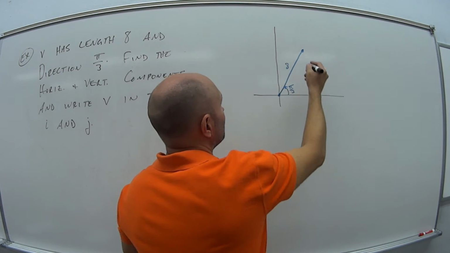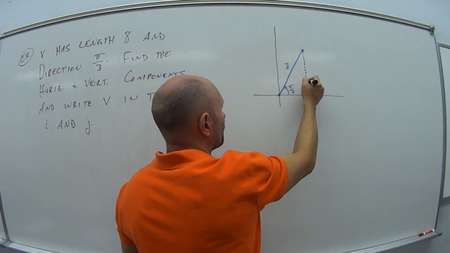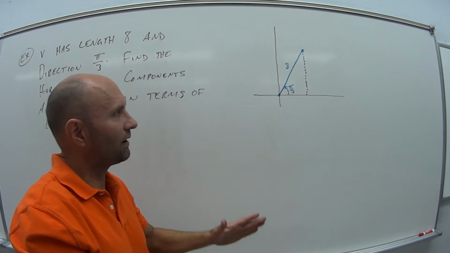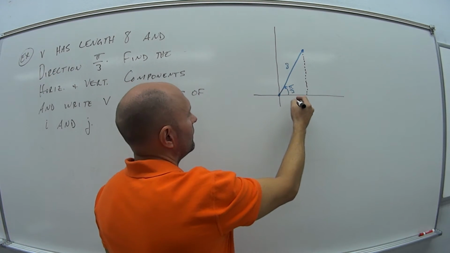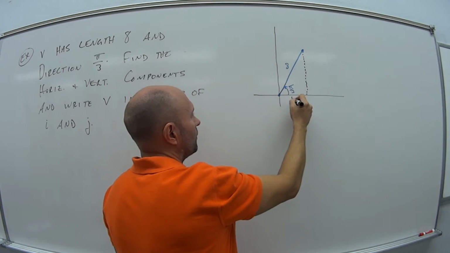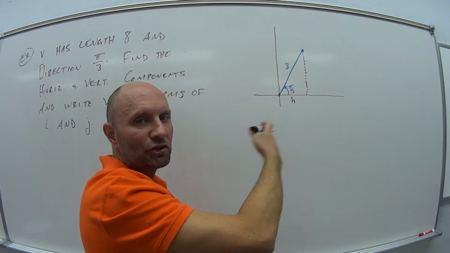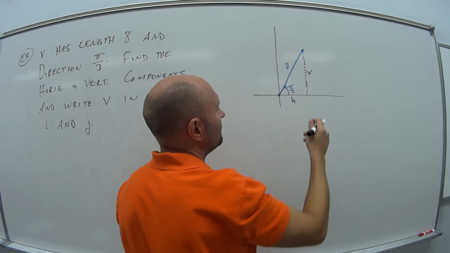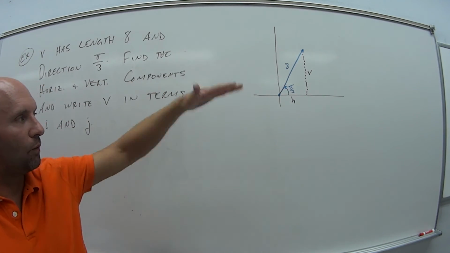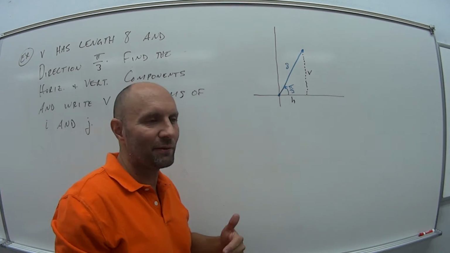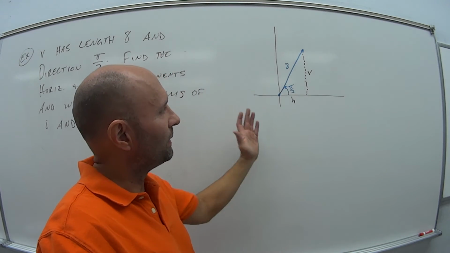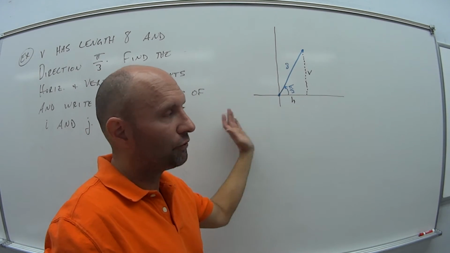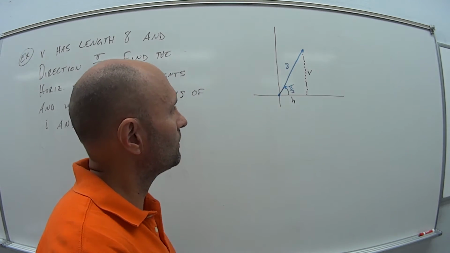If we draw this line down so we hit the x-axis and form a triangle, our horizontal component, let's call it h, is how much left or right we are moving. The vertical, let's call it v, is how much up or down we're moving. And we have to associate the proper signs with it to indicate whether we're moving left or right, up or down.